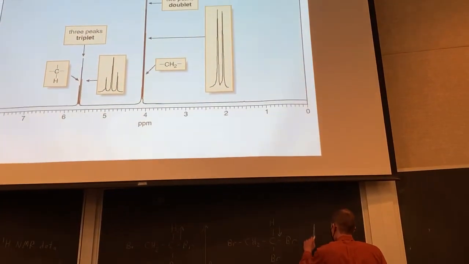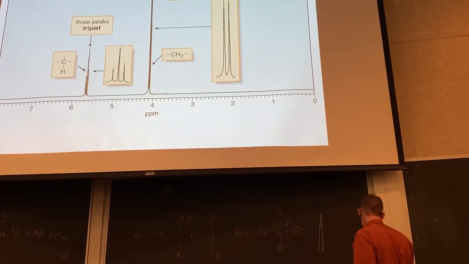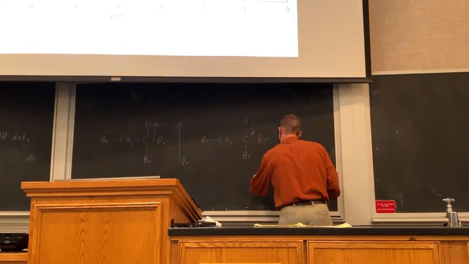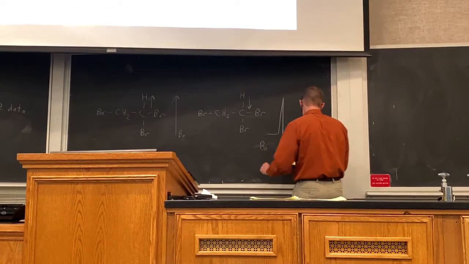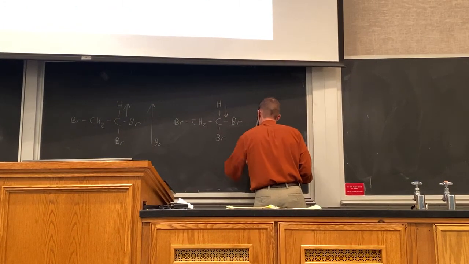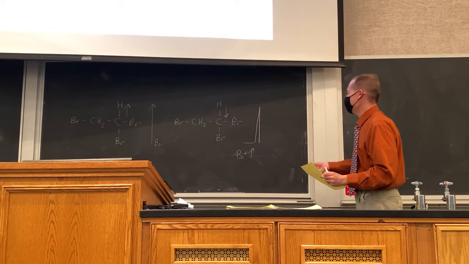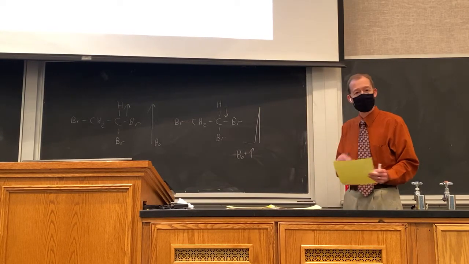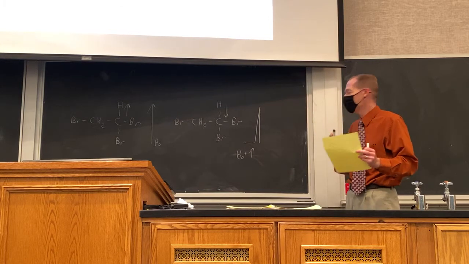So we're going to have one peak that is due to the molecules that have the CH nuclear spin state aligned with the applied magnetic field. That's a deshielding effect, leading to a higher chemical shift.